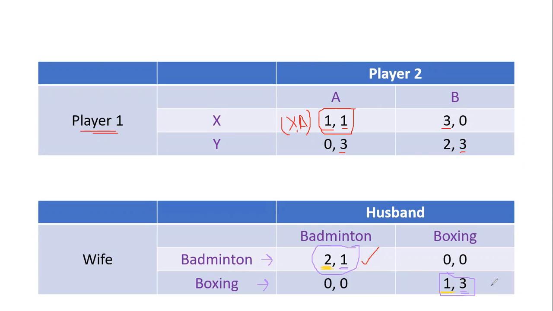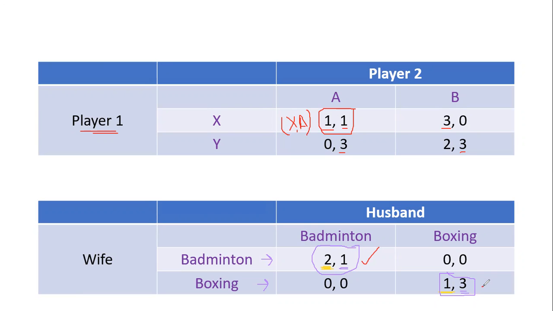Now let's check it for boxing and boxing. The husband is playing boxing. You also opted to play boxing. Would you like to change your decision now? And her response, no. Same question to the husband.